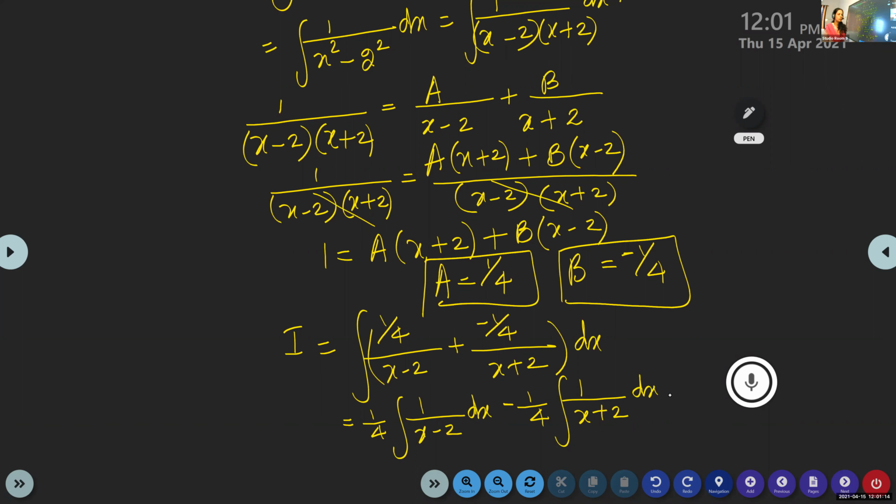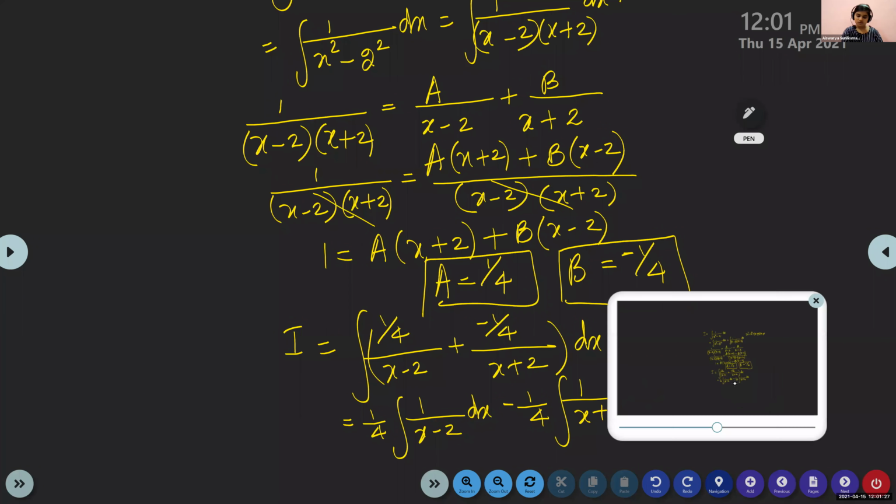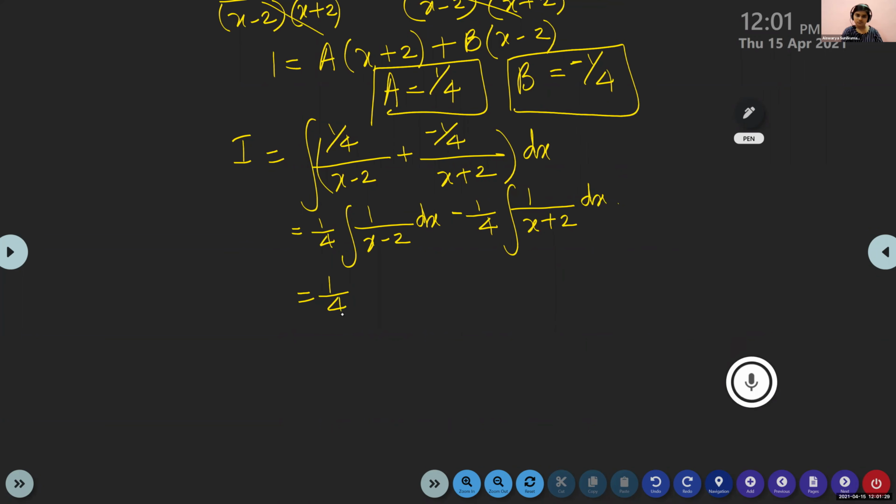Now can you integrate this and give the final answer? 1 by 4 log x minus 2 minus 1 by 4 log x plus 2 plus c. Correct. Check whether you are getting this answer.